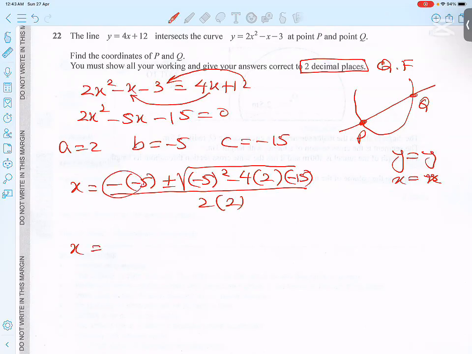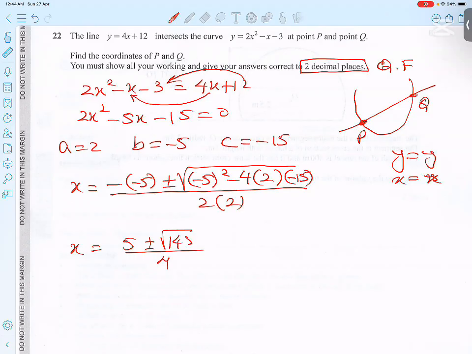After this, negative into negative, I get a positive 5. If you type this whole part, including the root, in the calculator, or this gives you 25 plus 4 times 2 into 15, we got root 145.